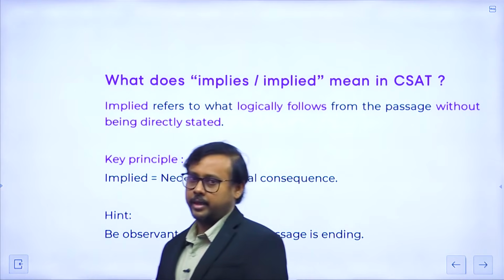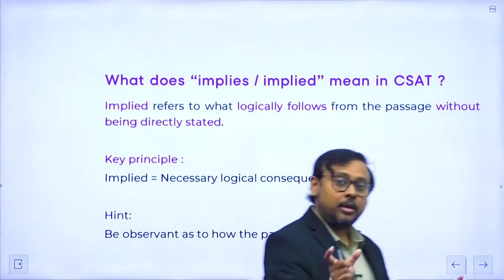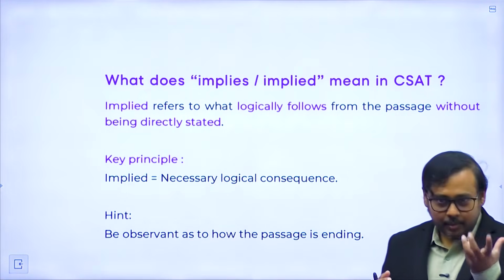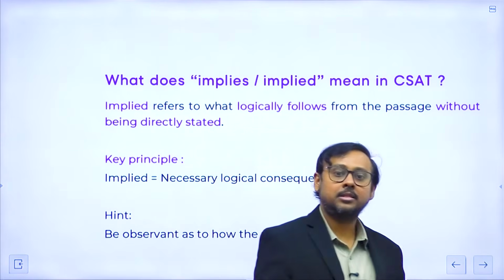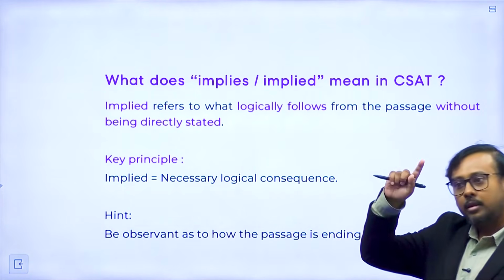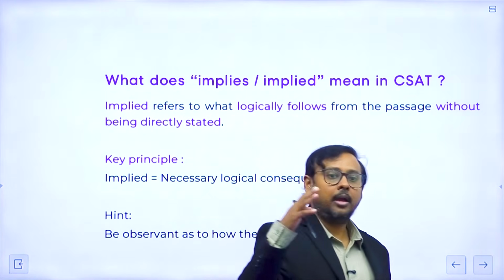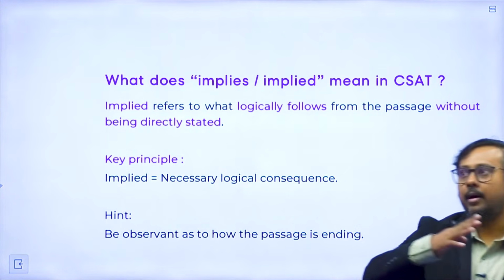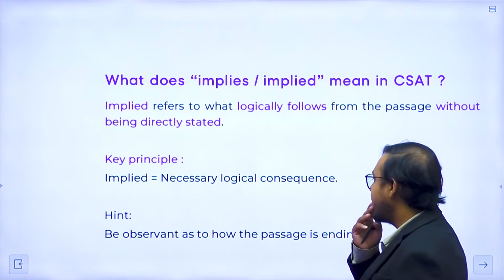Of these 2 options, which will be correct? A. Excellent. Most students will eliminate option A because sequestering carbon is outside knowledge. But implication means this. It's a logical consequence. What was said in the passage was that it was a process. Excellent. Okay? Clear?